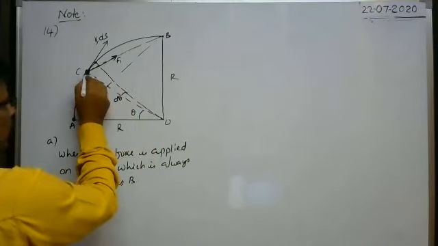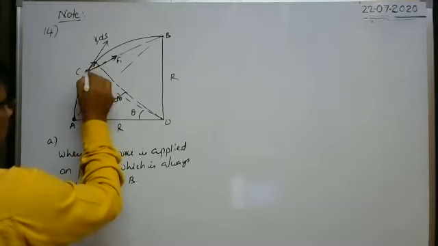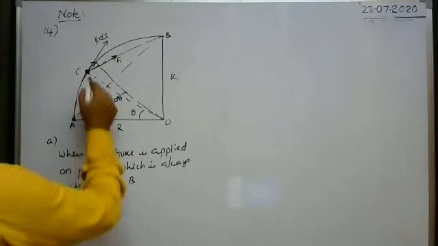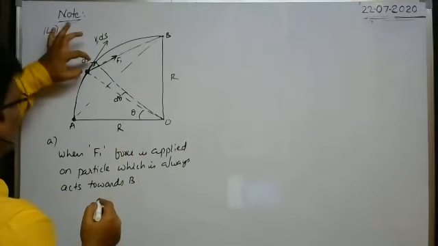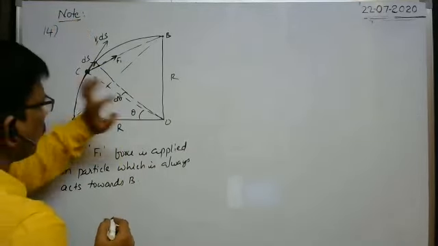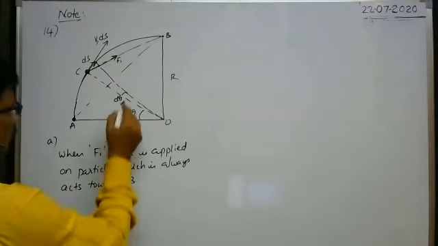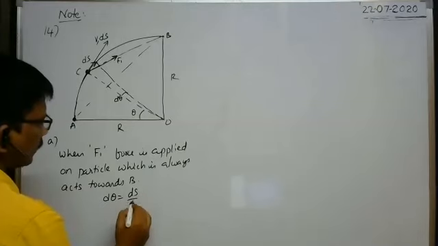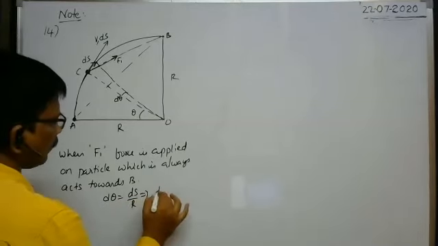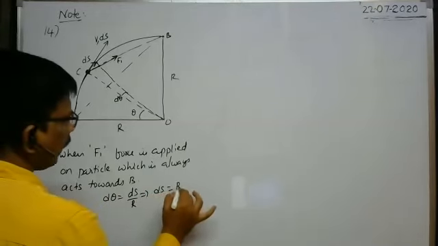That's why we consider a small element here. Suppose this is the small displacement ds. The angle subtended by the small element at the center O is say d theta. Then we can write d theta is equal to arc by radius. That implies ds is equal to r d theta.